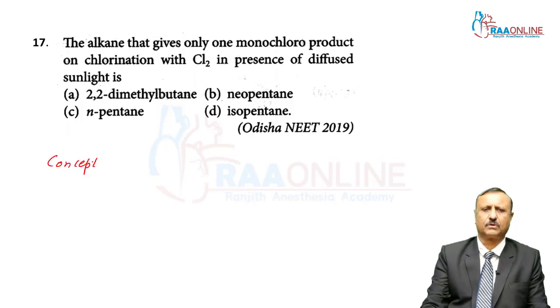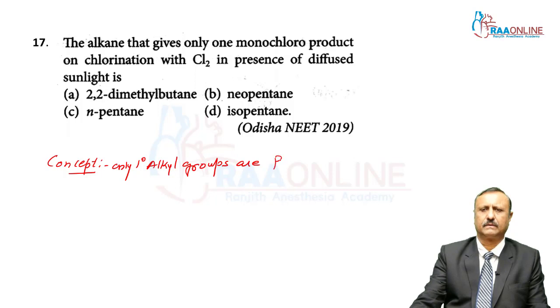The concept is that a single monochloro derivative means only primary alkyl groups are present. So, my dear students, here you can see the only primary groups are present in which compound, to form only one monochloro product on chlorination.